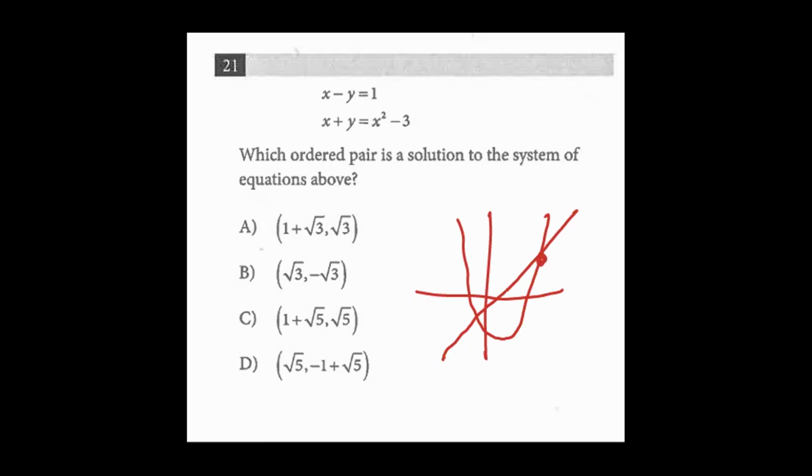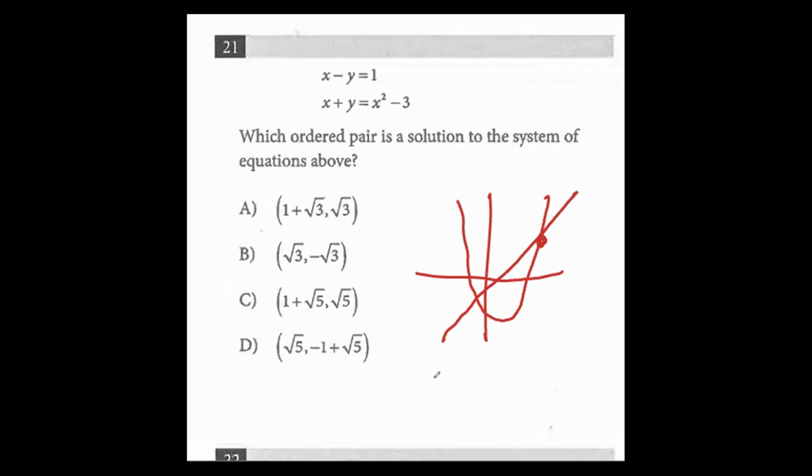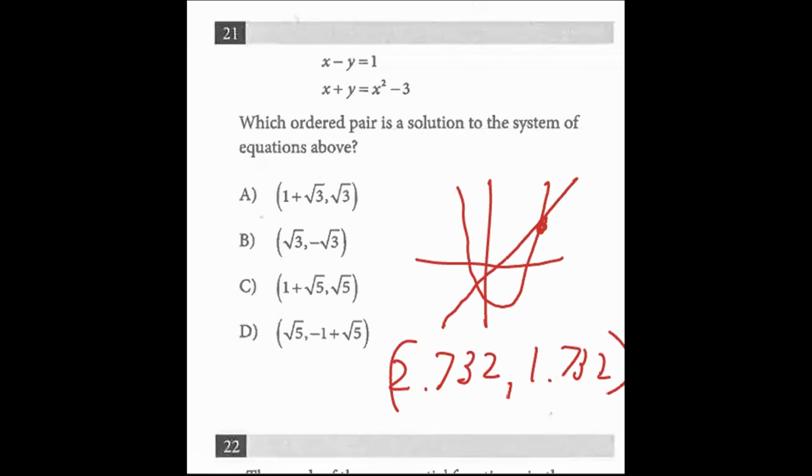So when you plug this into your calculator or in Desmos, if you're using that, you get that the intersection is at 2.732 and 1.732. And so we just have to convert these.